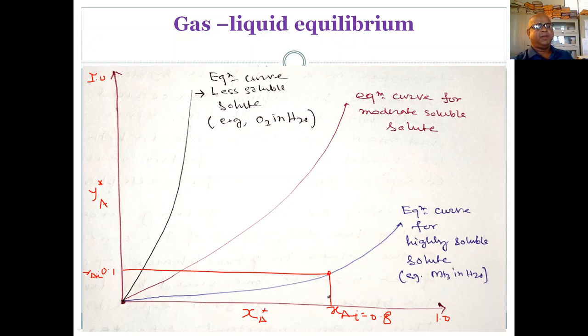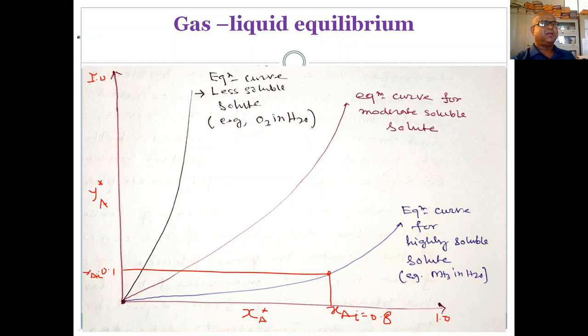So at equilibrium, for a highly soluble solute, let's say ammonia in water, the concentration in the liquid phase will always be much higher than the concentration in the gas phase. That means this curve will be below the diagonal, and if it is very soluble, it can go even further below this line. So by seeing this equilibrium curve, you can understand whether the solute is highly soluble or not, isn't it?